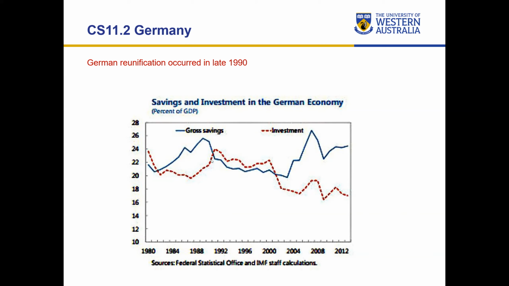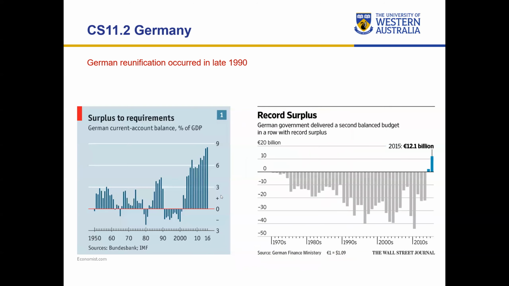So we can see that there was a large switch from savings being greater than investment to savings being less than investment. And that switch occurred at 1990, which makes perfect sense and is perfectly consistent with the current account balance going from surplus to deficit.